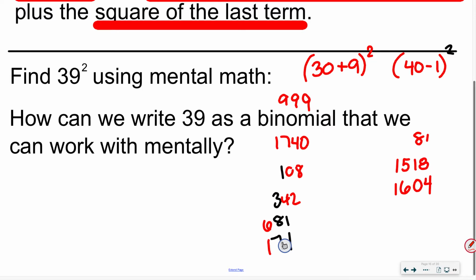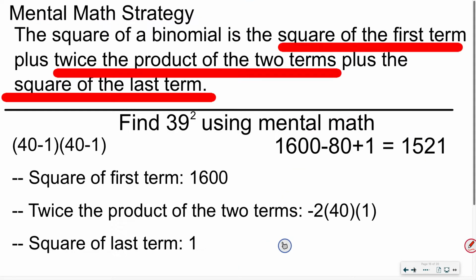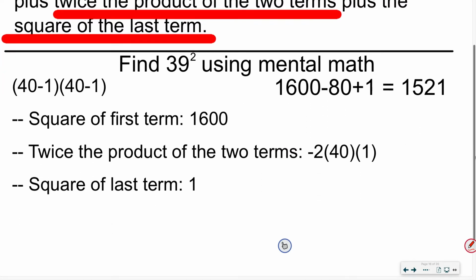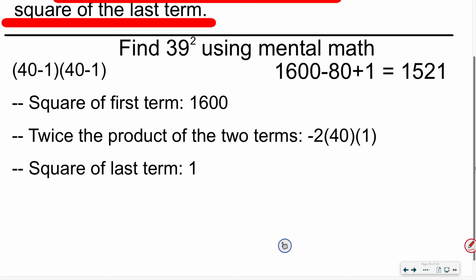If I take away 40 and then another 40, I'll be left with 1621. Let's see if we got it. Oh, I was off by the 15. So we had the 1600 and the 1, 1601, and then you can subtract 80. Minus 80 would have been the 1521.